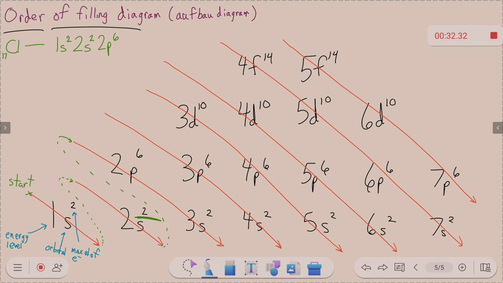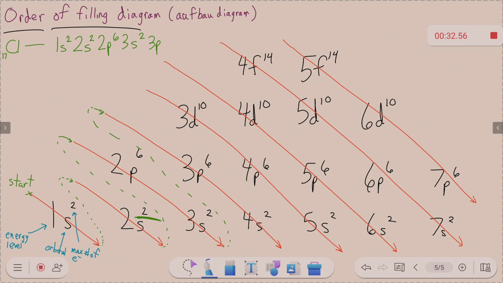So after 2p6, I just follow this arrow, and I go to 3s2. So that is 12 electrons placed. After 3s2, I go to the next arrow, and I have 3p, but I can't write 3p6 because if I put 3p6 there, I'd have 18 electrons placed.